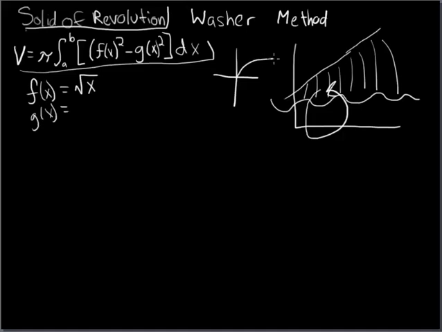We'll say the curve x squared minus 5. So it'll look like this, it'll look like that. So we're trying to find the volume.